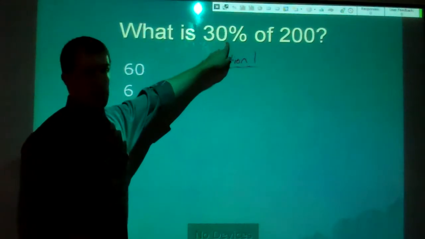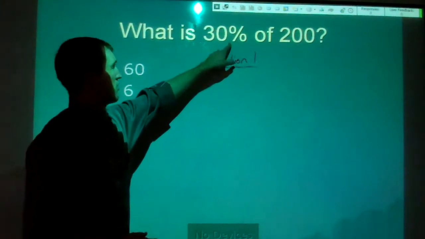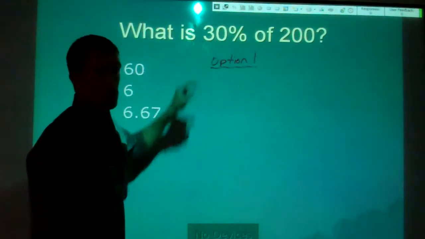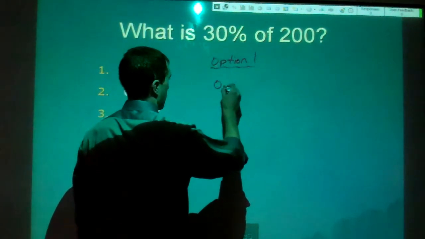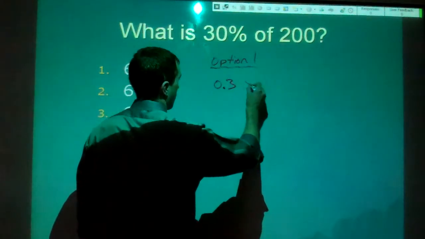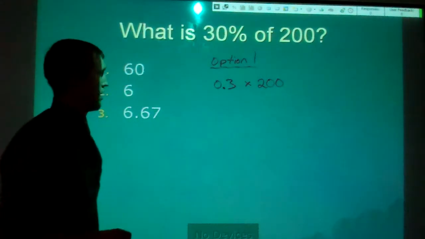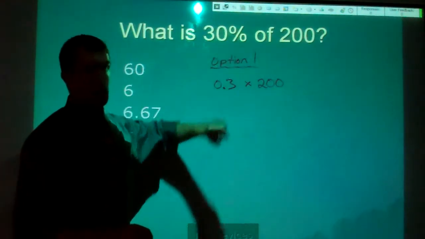If we turn this into a decimal, remember, percent to decimal, move our decimal over 2 spots. So 0.3 times 200. This would work. Option 2, turn this into a fraction and multiply.